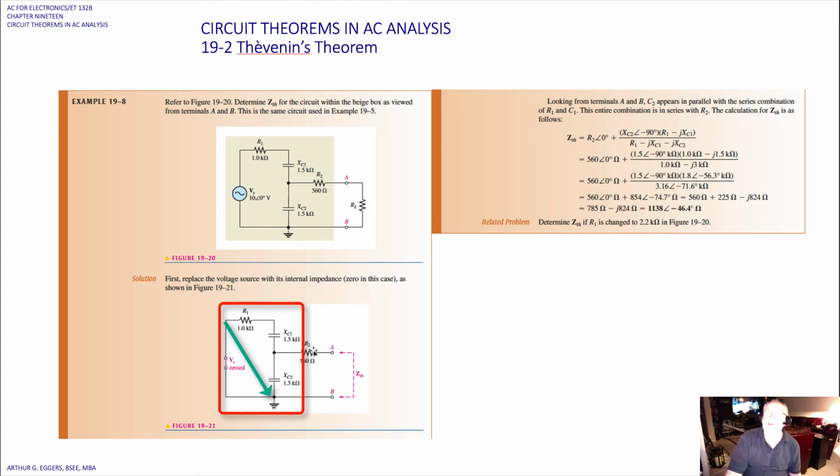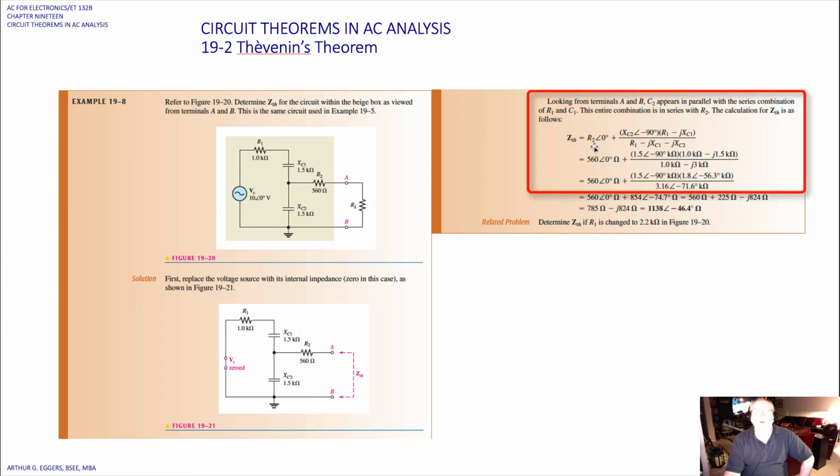The calculation for Z Thévenin then is, okay, again, we are going to take Z Thévenin, let it equal to R2 at 0 because that's our pure resistor, and then our product over the sum. Again, phasorially speaking, we go through our conversions and we end up with 3.16 at an angle of minus 71.6 degrees in k ohms. That we divide into the numerator once we combine the terms here, and we end up with then one more time we would have to do a conversion because we're summing polars and polars.